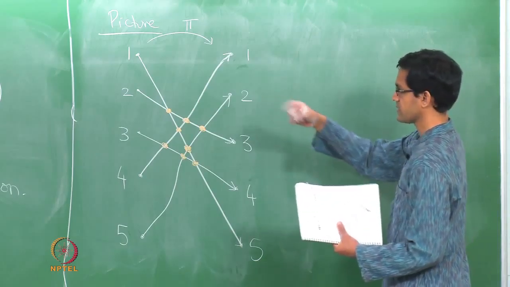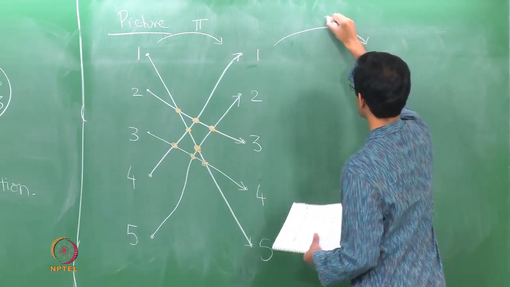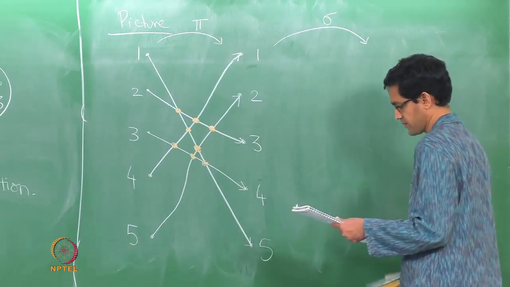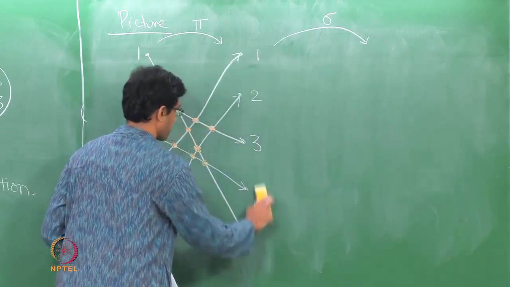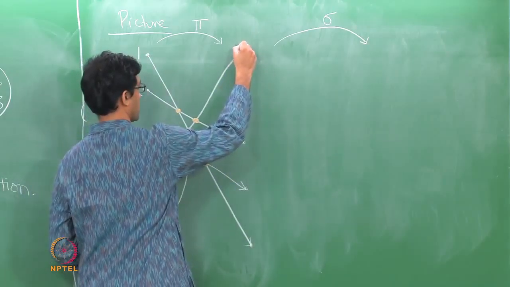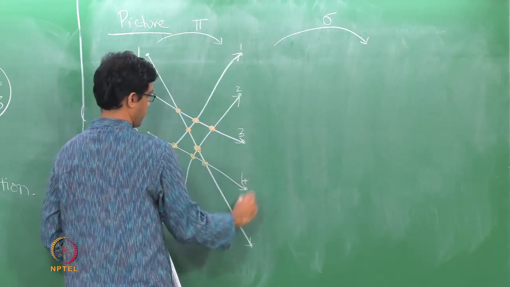Now let us look at the function sigma. We need to do this one more step. Let us see what sigma does to these 5 numbers. Let me just write the numbers on top: 1, 2, 3, 4 and 5.